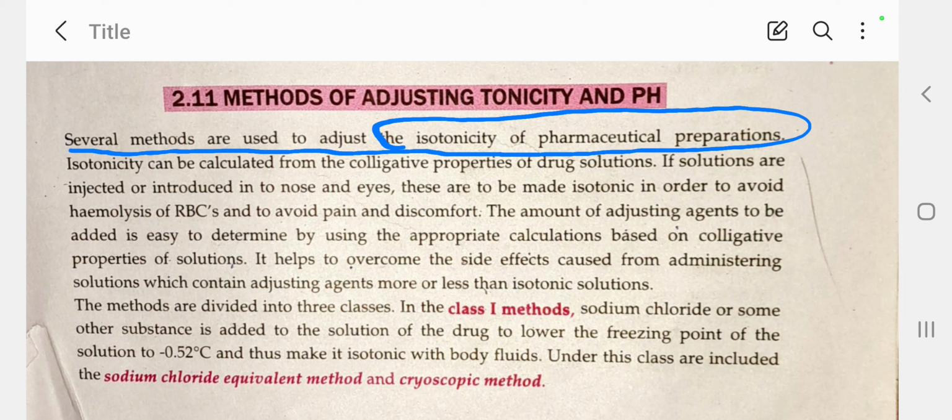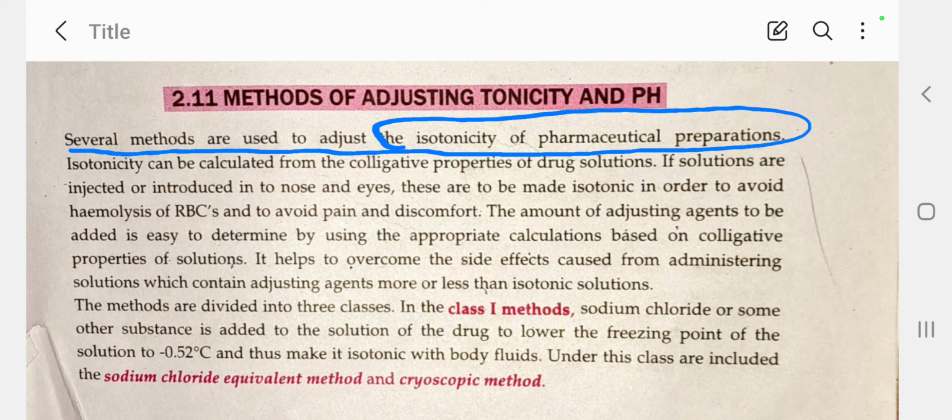If we have a hypertonic solution, what will happen if the hypertonic solution is suspended with RBC? The cells become shrunken, with shrinkage and wrinkles. In case of a hypotonic solution, the RBC cells will swell, and sometimes the cell also bursts.